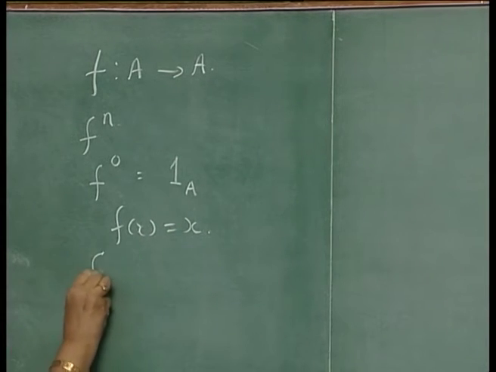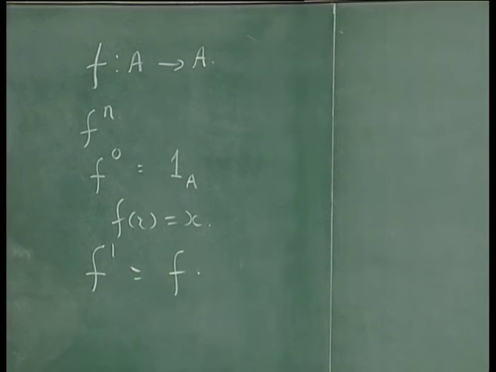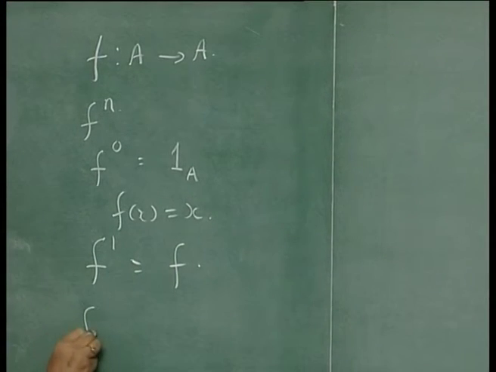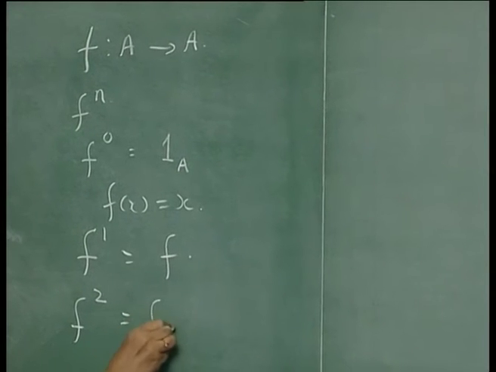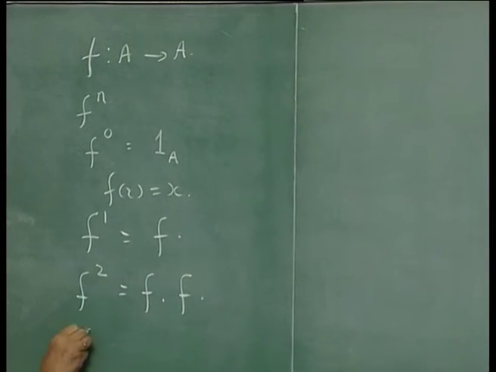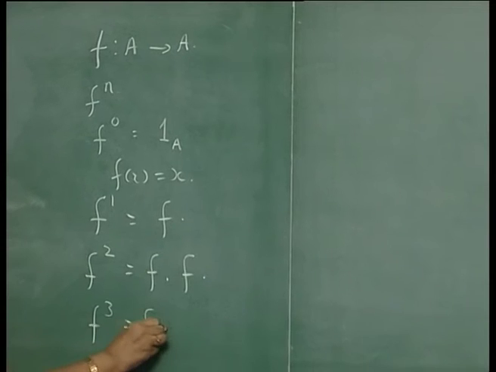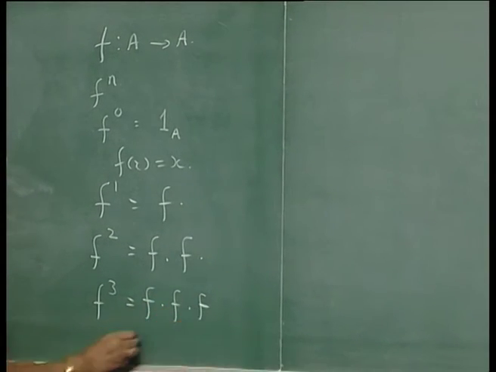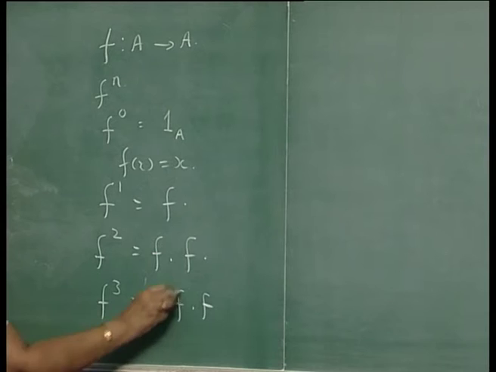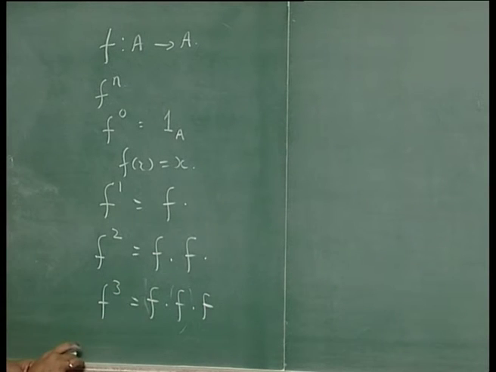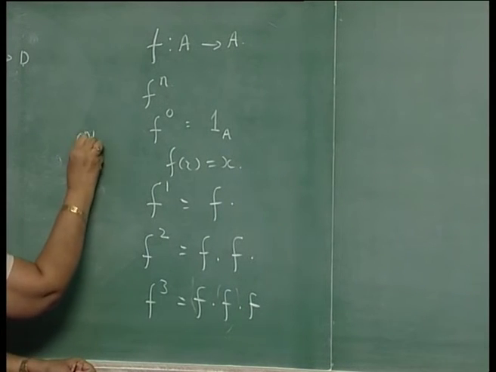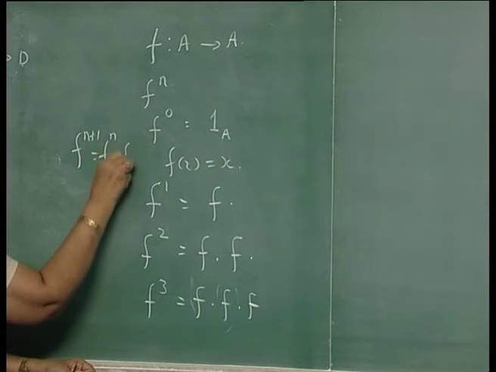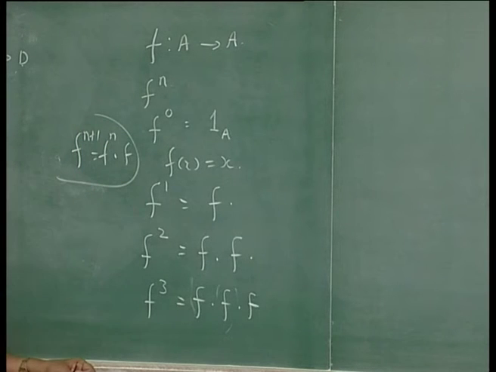Then f^1 is f, then f^2 is f∘f, and f^3 is f∘f∘f. Because of associativity, you can put the bracket this way or this way, it does not matter. So, without any ambiguity you can talk about f^n. f^(n+1) will be f^n∘f, and you are able to define this because of the associative property.